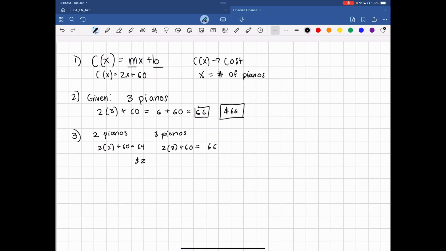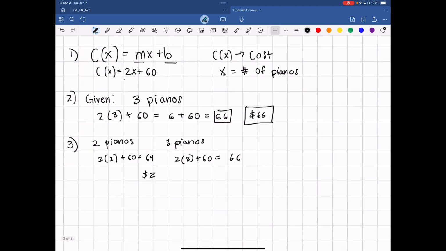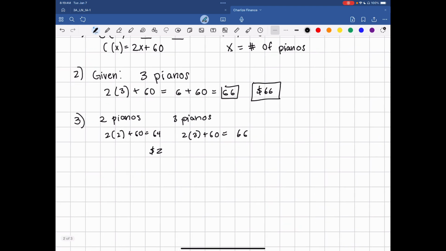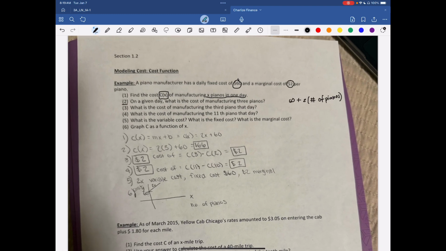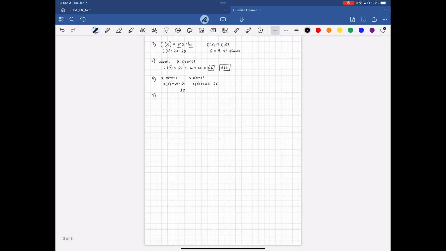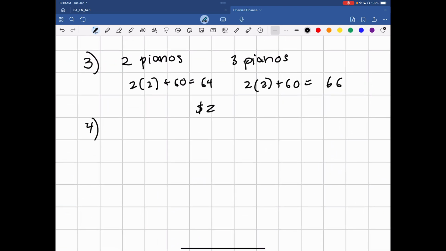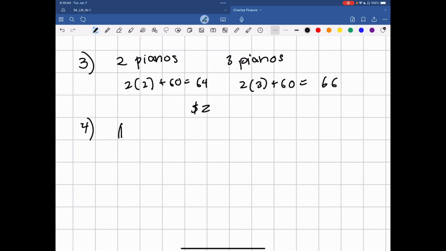And this should make sense as well because the only thing getting changed by the number of pianos is the 2x. And for number four, which is a similar question, what is the cost of manufacturing the 11th piano that day? The 11th piano is just the same as the third piano. You can think about it as comparing 10 pianos versus 11 pianos.